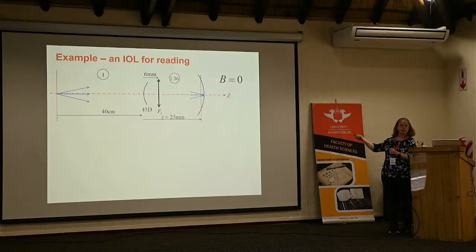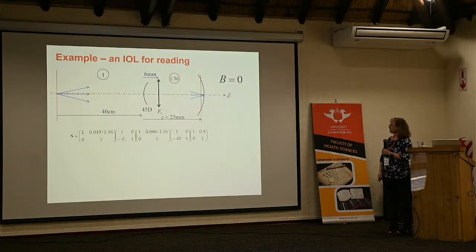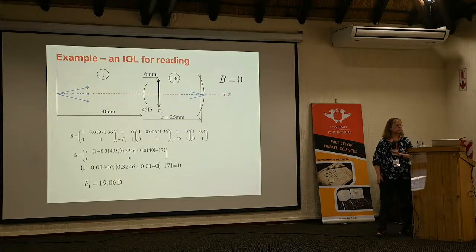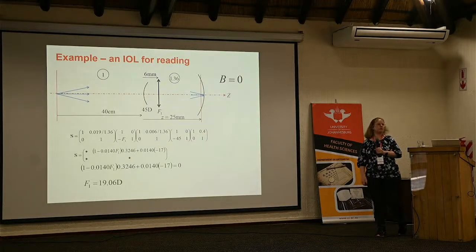We need to set B equals 0. We set it up, multiplying in reverse: vitreous, intraocular lens, aqueous, cornea, and working distance. Setting B to 0, this time the intraocular lens needs to be 19.06 diopters.